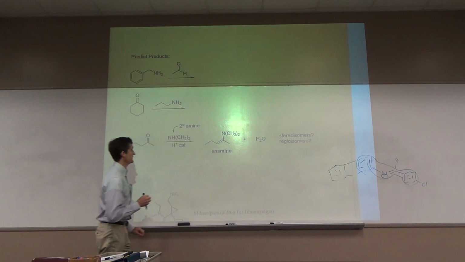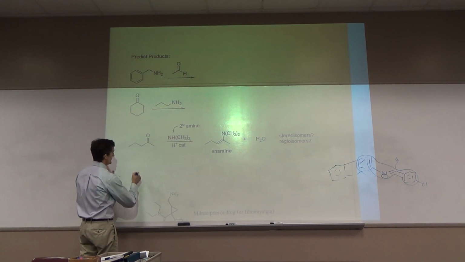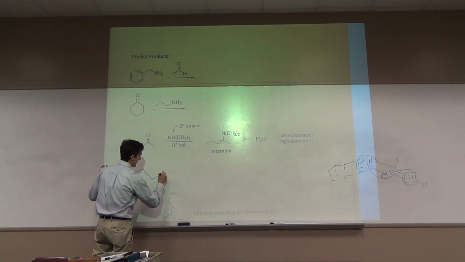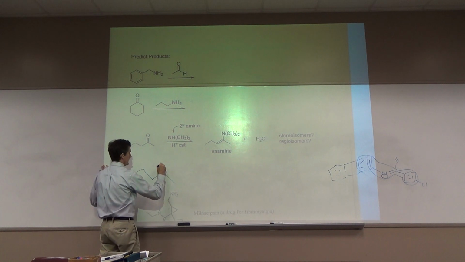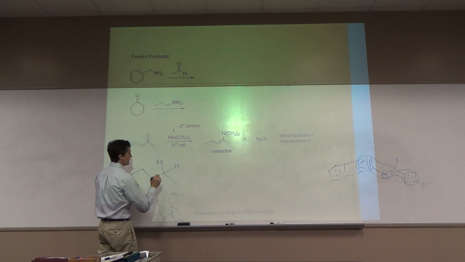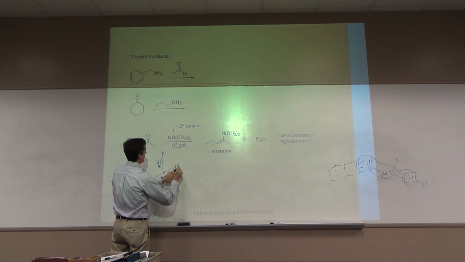How do you get an enamine? I'm going to take us up to a point. I'm using H plus catalyst. What we got here?